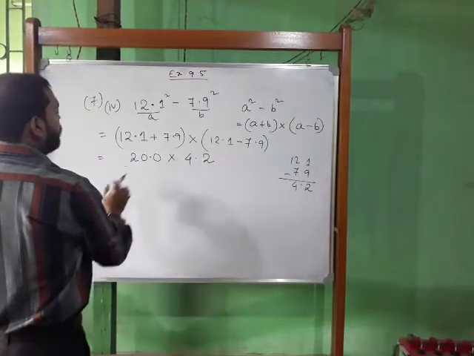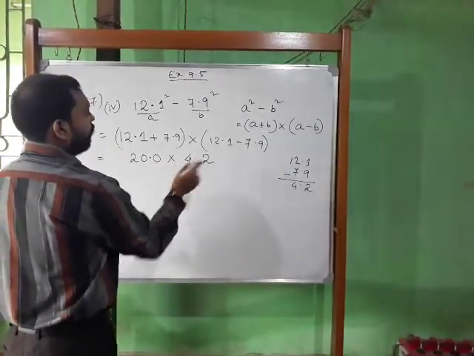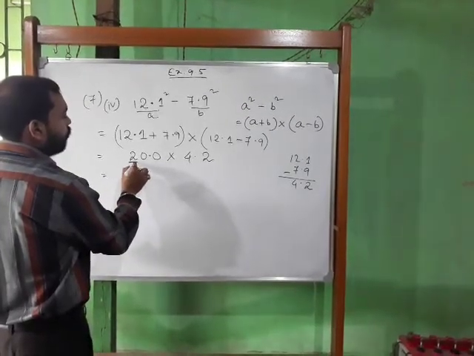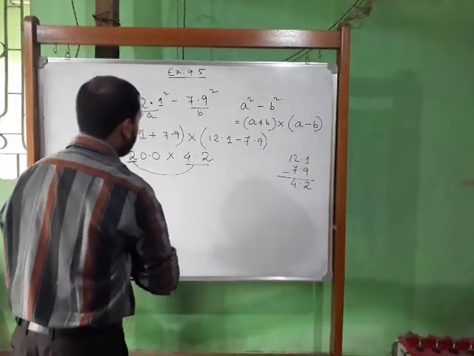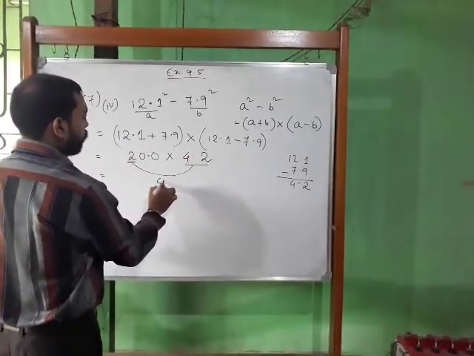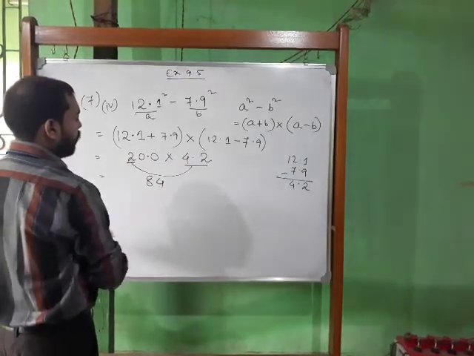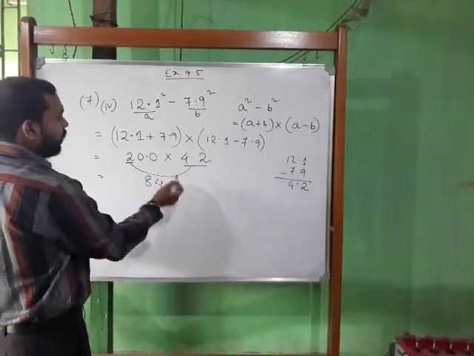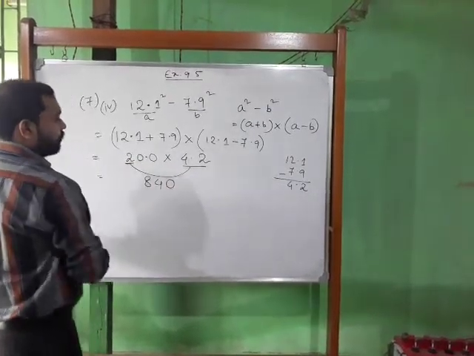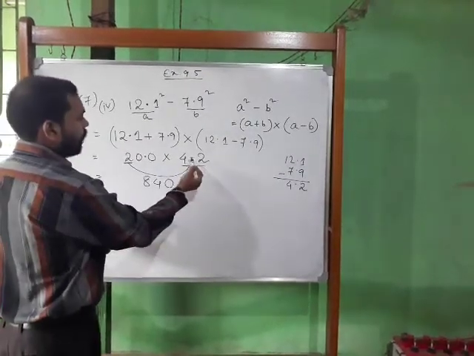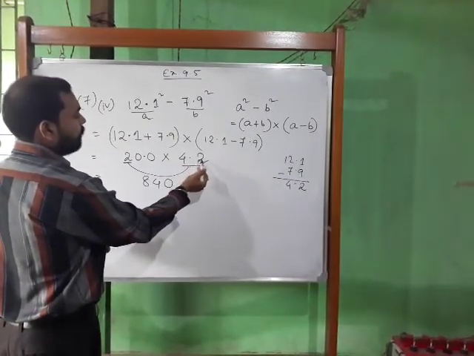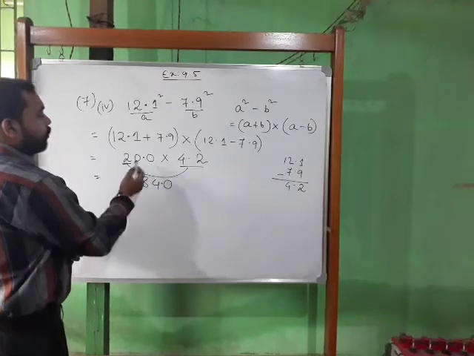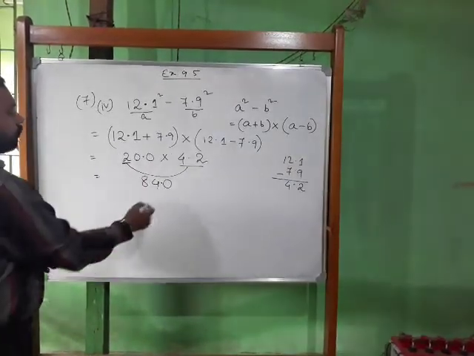Now you just multiply 20 with 4.2. You can do it orally: 2 into 4.2 gives 2 into 2 is 4, and 4 into 2 is 8. With 20 one zero is there, so put one zero at the end. Since 4.2 has one digit after the decimal point, you give one decimal point here; 20.0 can be written as only 20, so the answer will be 84.